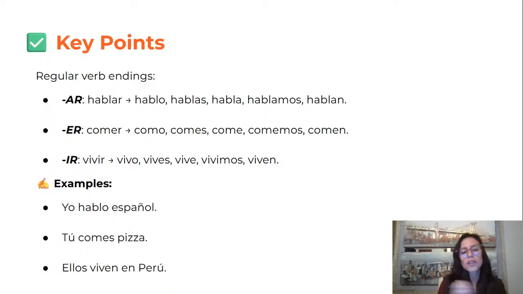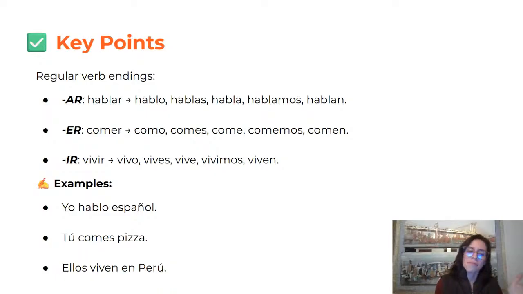So those are just examples to see how they work in a sentence, but we can perfectly replace those verbs with gustar. I like Spanish. I like pizza. I like Peru. Or, well, trying to match the different personal pronouns we have available over there.